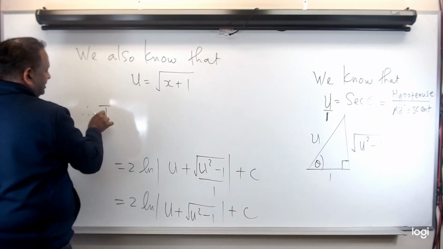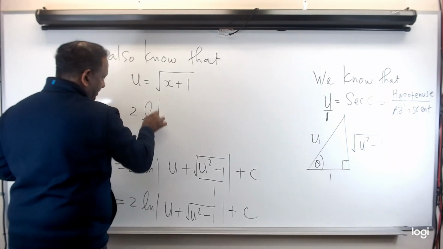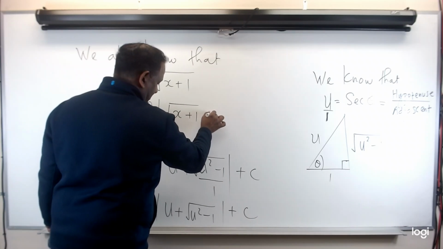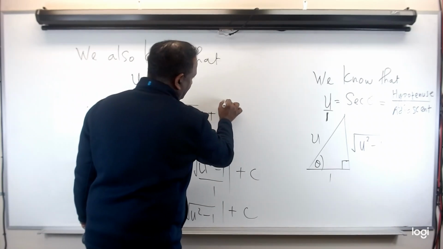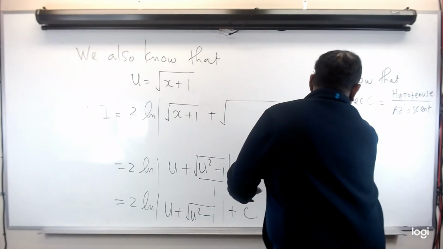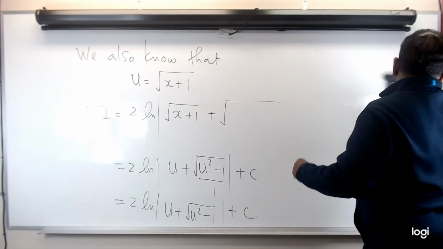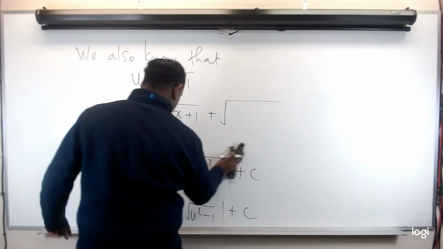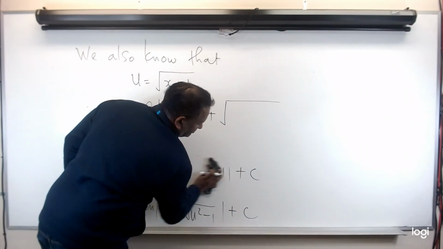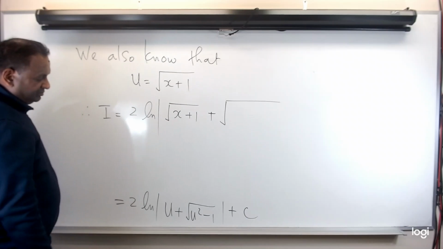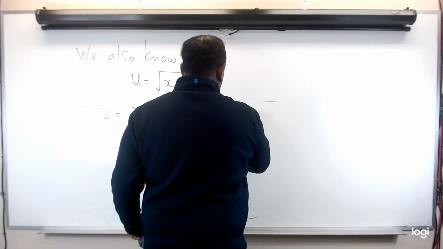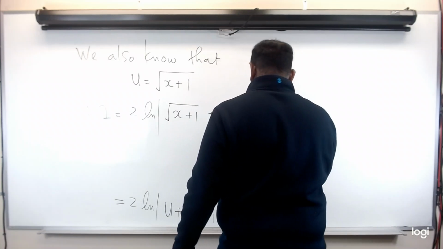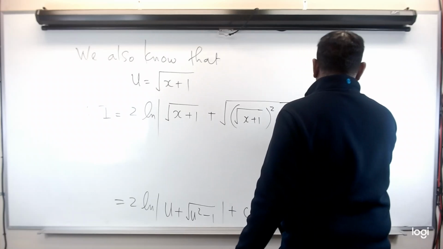Therefore, I is 2 ln of the square root of x plus 1, plus the square root of u squared, which means x plus 1 whole thing squared, minus 1, plus c.